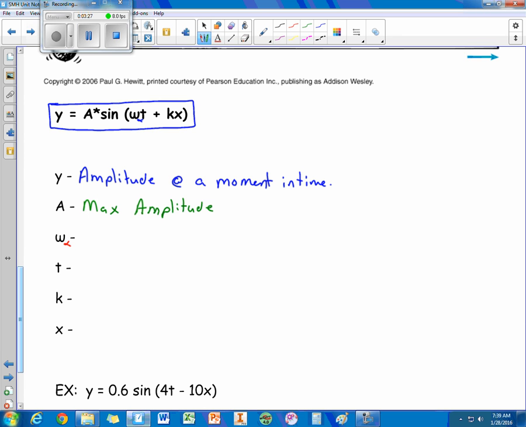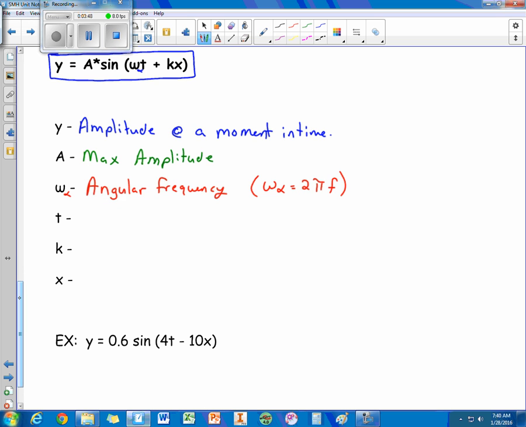Omega, I'm going to put a little alpha sign beside this because this is our angular frequency. Remember that it's 2 pi times f. That's what that is. T is time, but I want you to think about it as a moment in time.